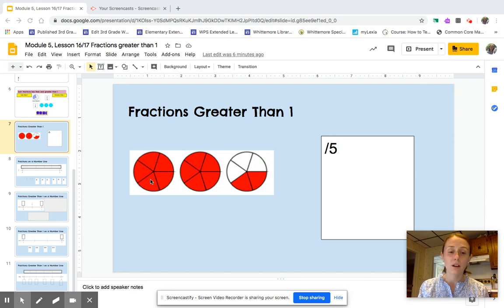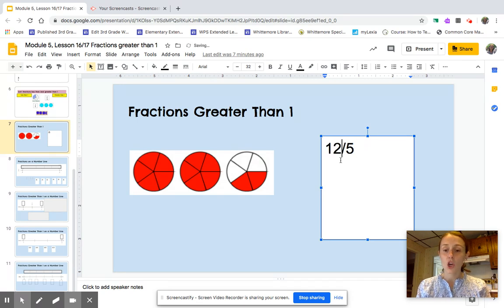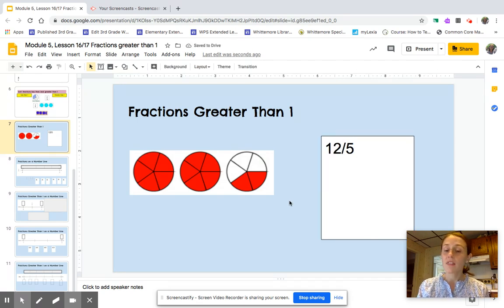I'm going to start right here at my first whole. 1/5, 2/5, 3/5, 4/5, 5/5, 6/5, 7/5, 8/5, 9/5, 10/5, 11/5, 12/5. So I can fill in right here 12/5.